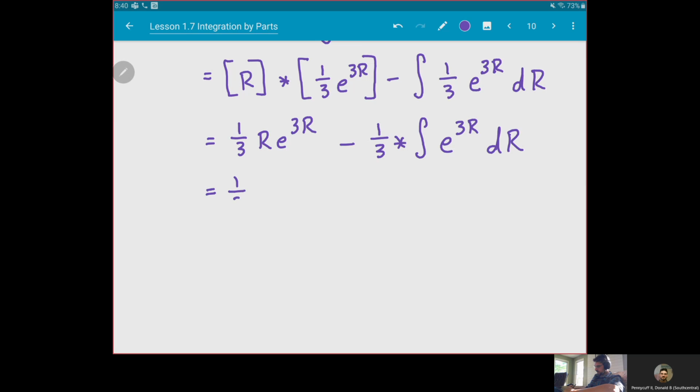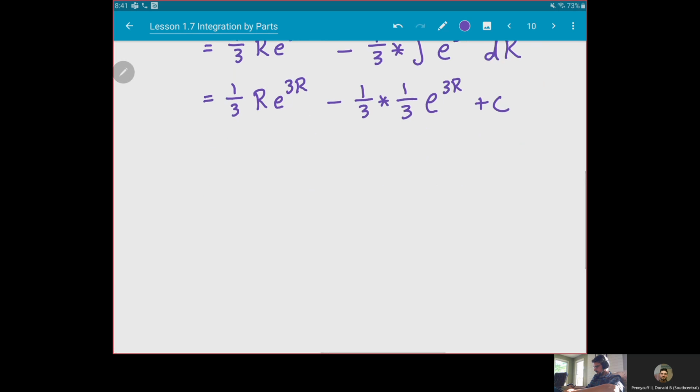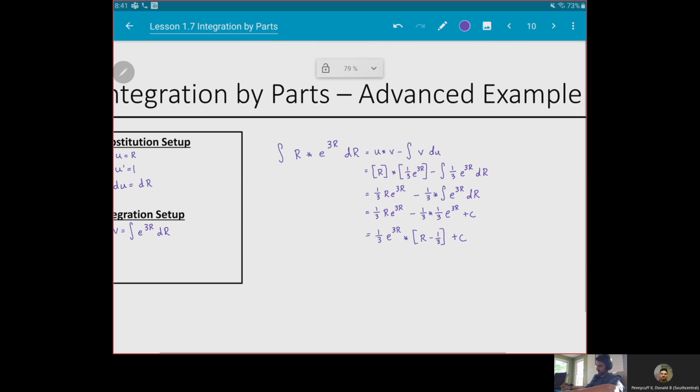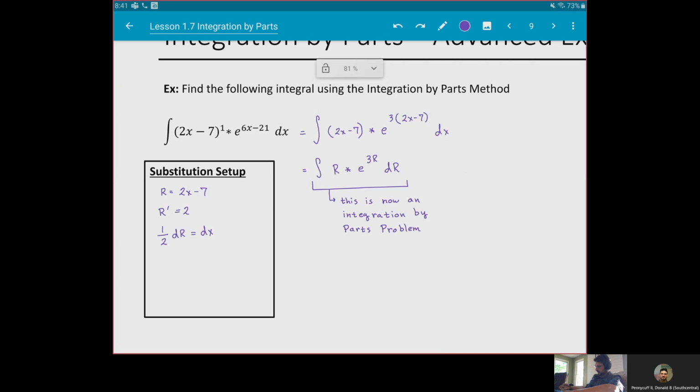Almost done. All right. Now, normally we would be done here, but I do just want to remind you guys that r is equal to 2x minus 7.